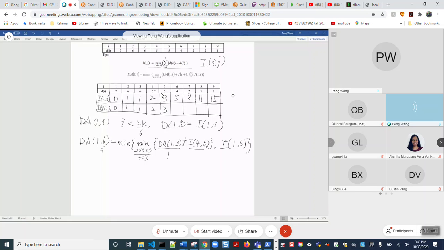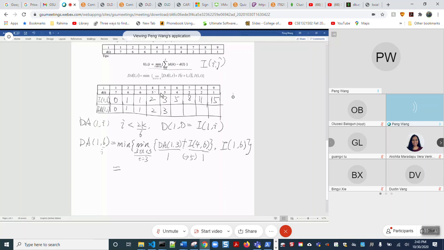We make all of them 5, and the result of this I46 is 1. Here it is 1 plus 1, which is 2, and I16 is 5. And dA16 is 2.